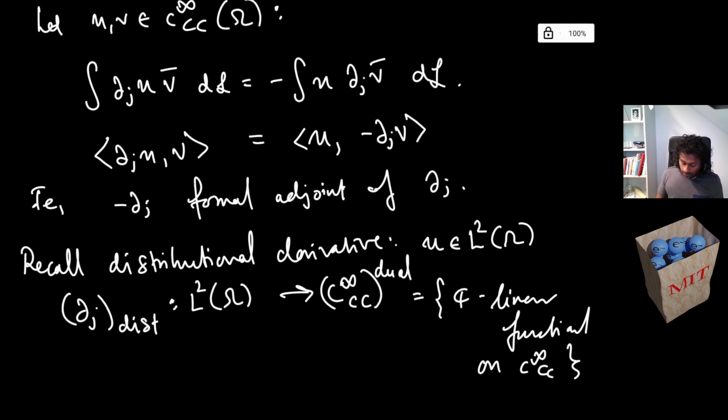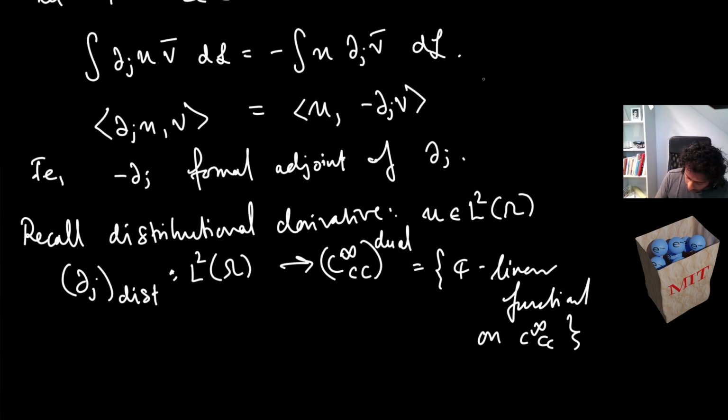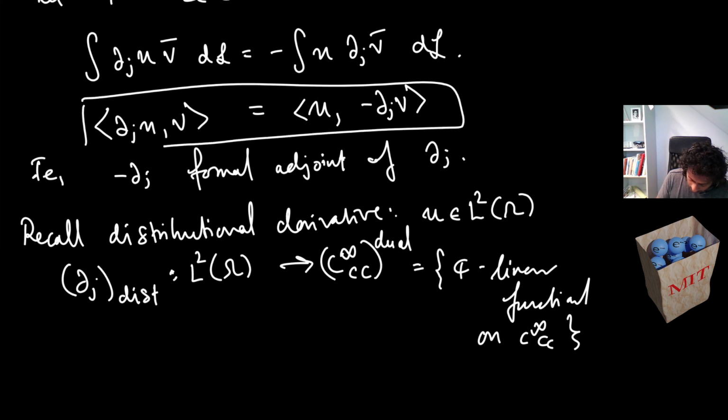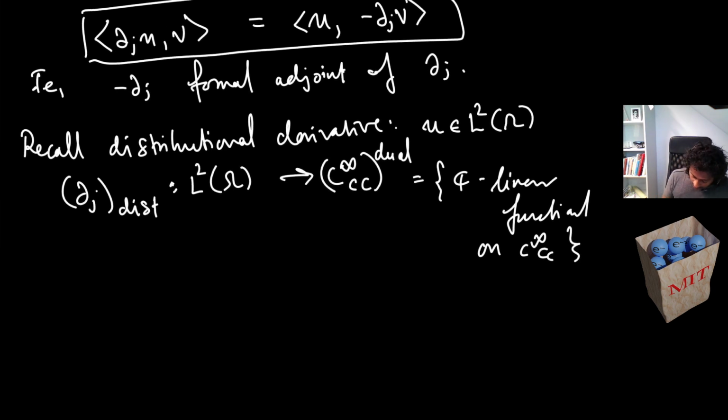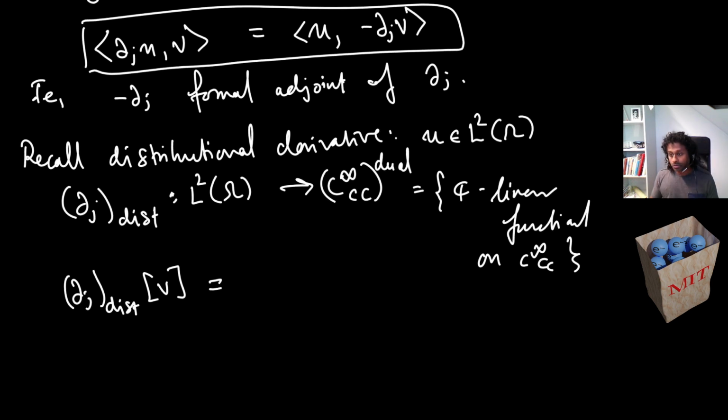So how would I define this? The point is really to be inspired by this formula, the adjoint formula. This is really at the heart of it. So I define dj dist of u acting on some function v. I want it to also agree with what happens when I have something that's compactly supported smooth.